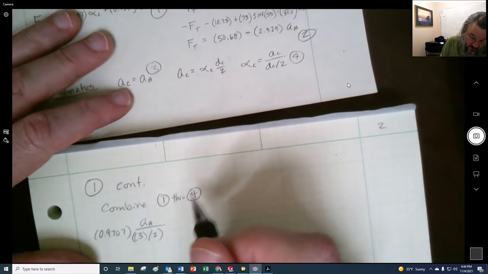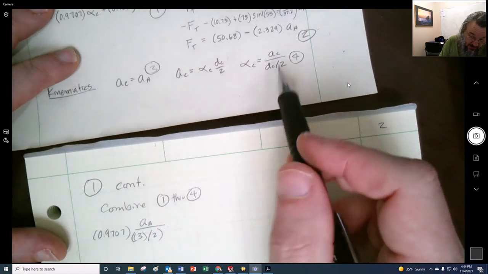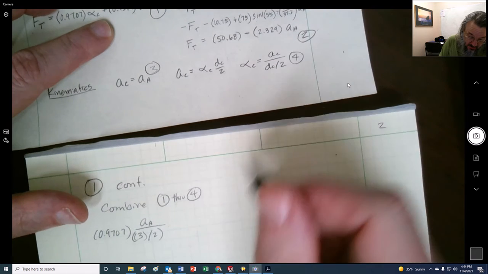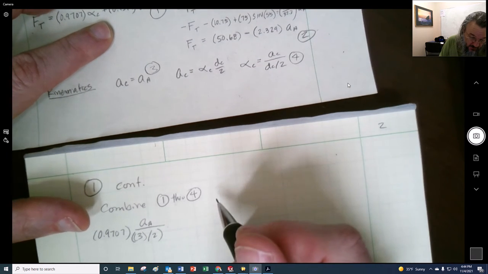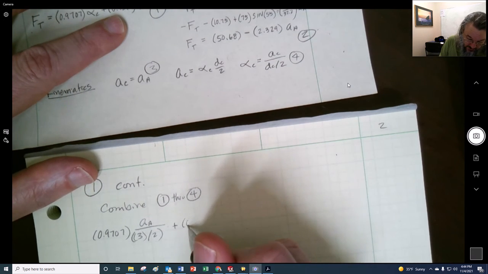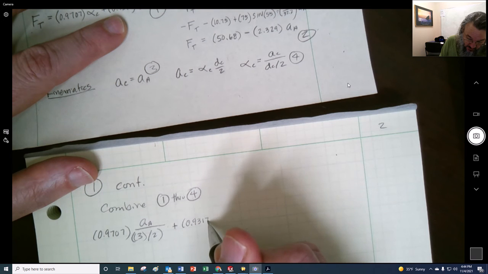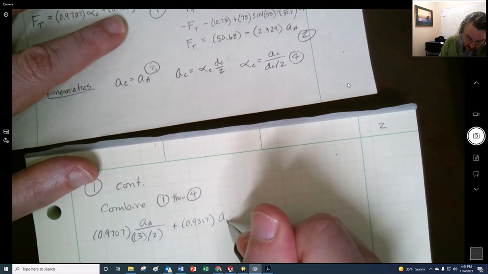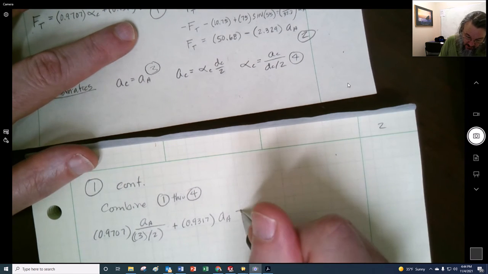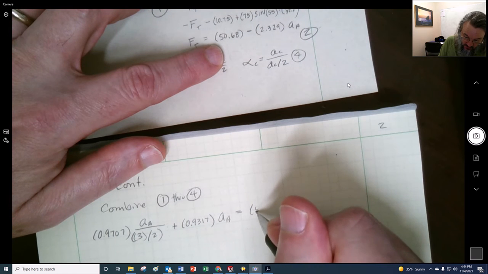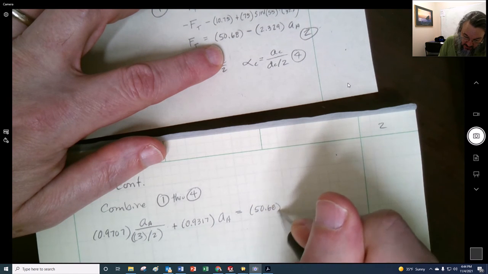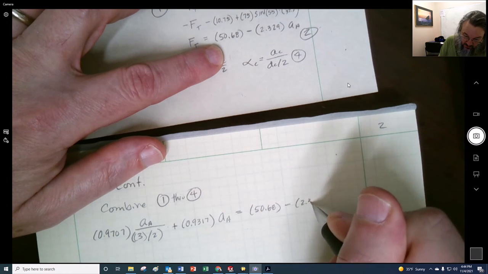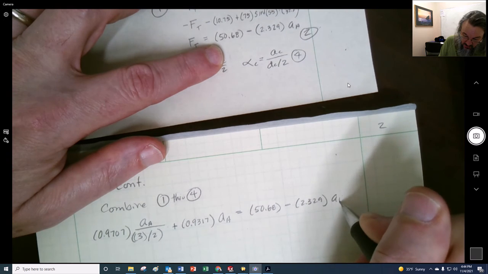So that was me substituting in for alpha, and then plus 0.9317 for acceleration of A is going to be equal to 50.68 minus 2.329 acceleration of A.